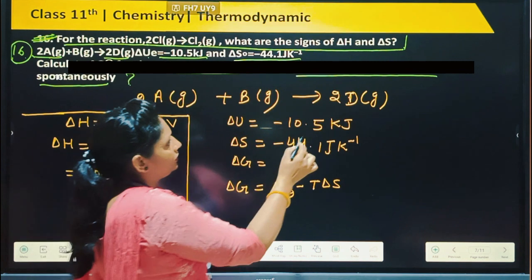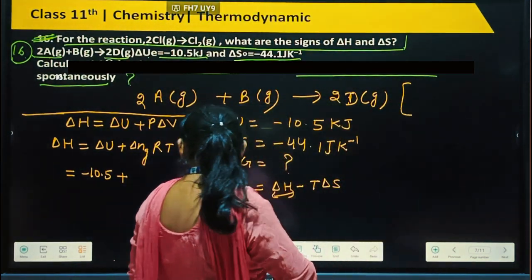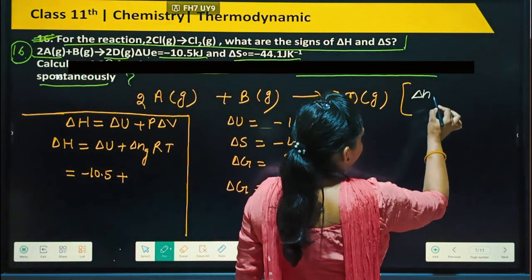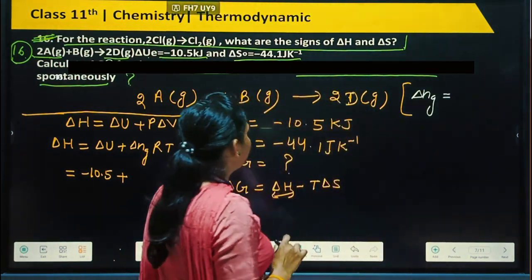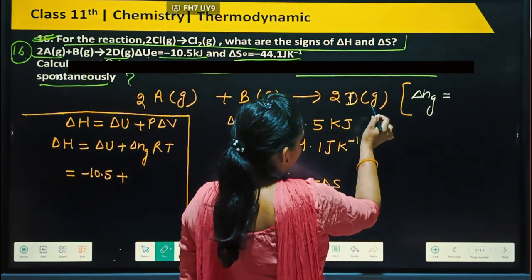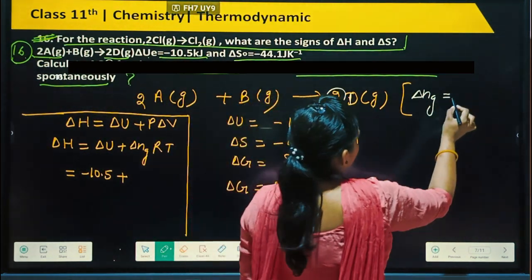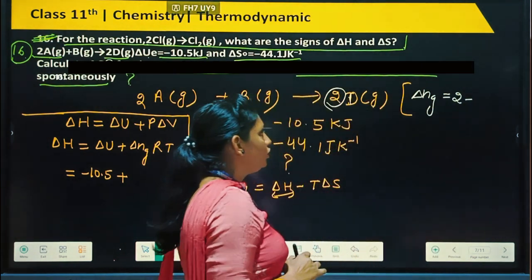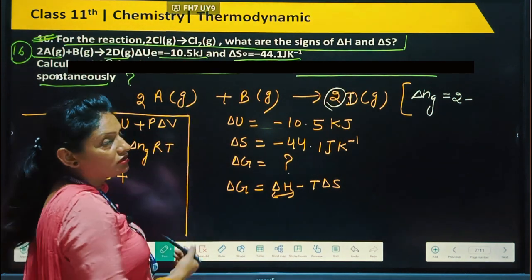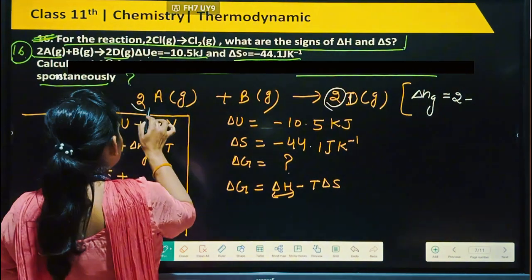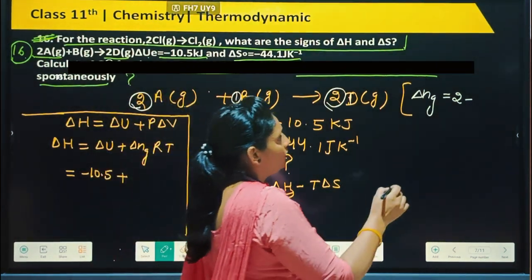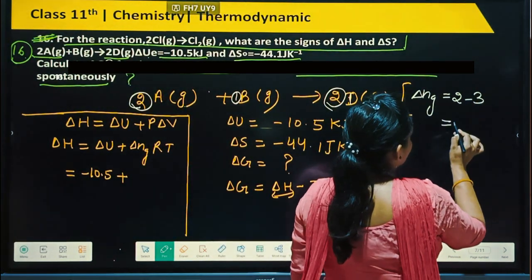It is equal to the number of moles of gaseous products, which here are 2, minus the number of moles of gaseous reactants. They are also in gaseous state. So 2 moles of this and 1 mole of this, 2 plus 1, 3. 2 minus 3, so it is minus 1.